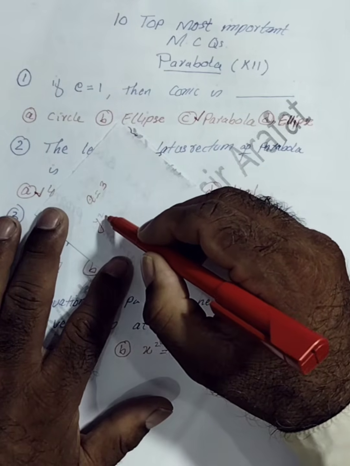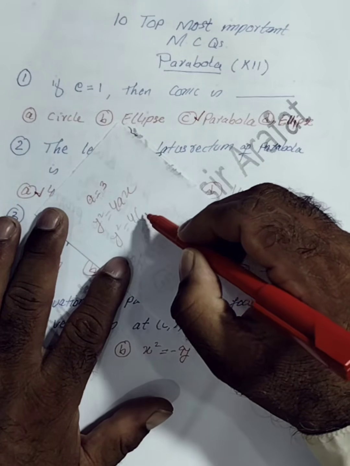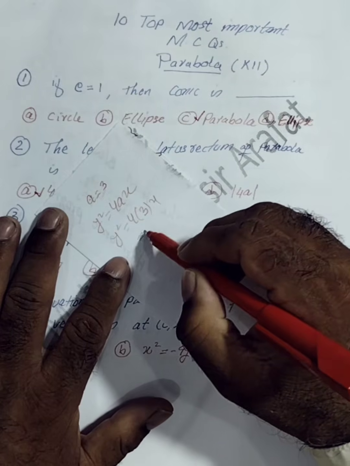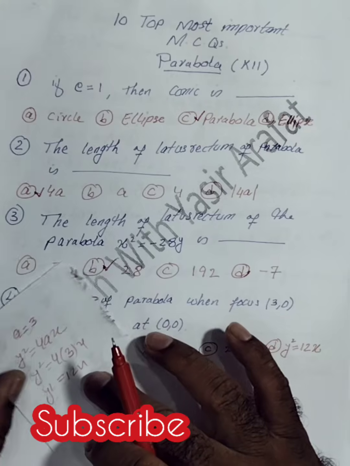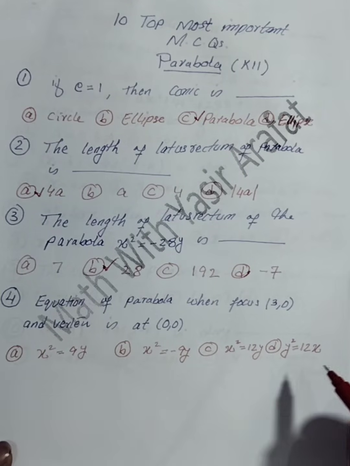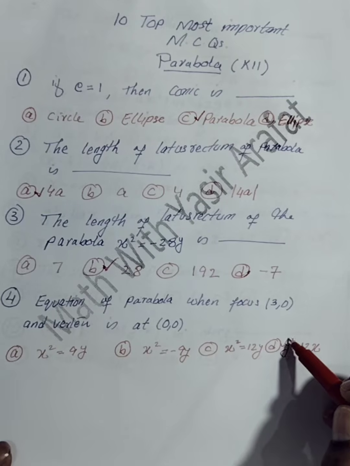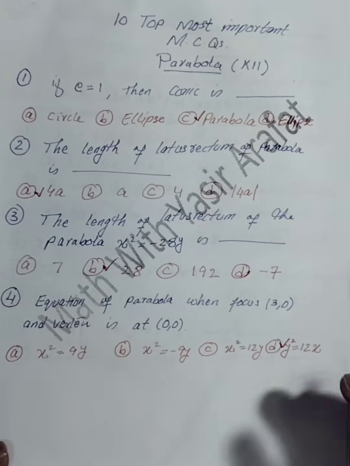So y square equals 4ax. With a equal to 3, that is 12x. So y square equals 12x along the x-axis is the equation of the parabola. D option is correct in the fourth MCQ here.